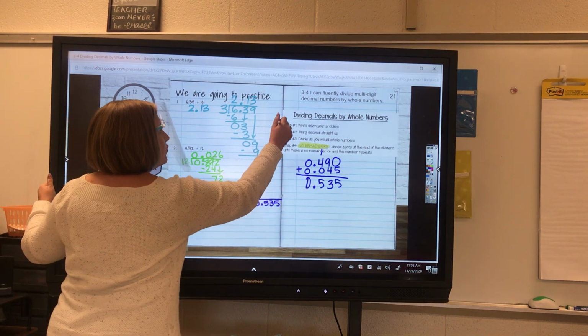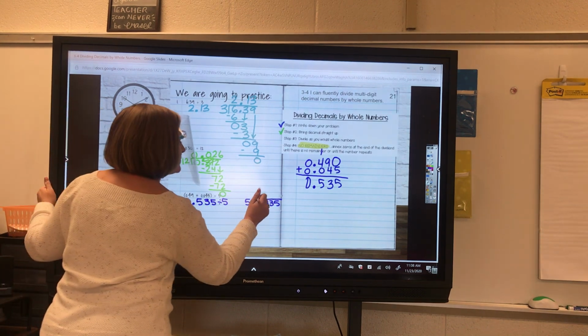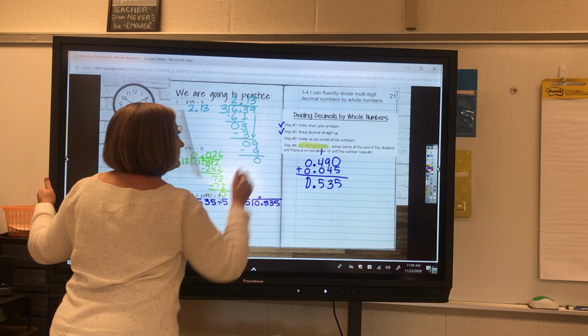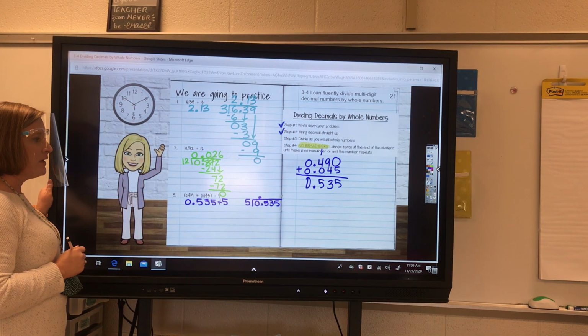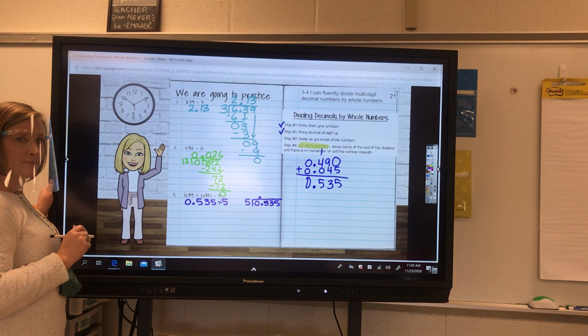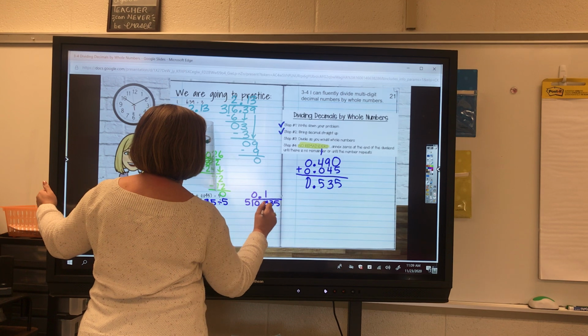So we've done step 1. What's step 2? Bring my decimal straight up. Now what are we going to do? Divide like normal. How many times will 5 go into 0? 0. How many times will 5 go into 5? 1.